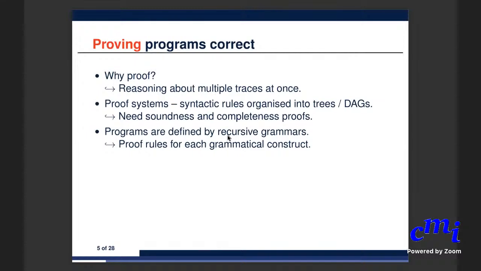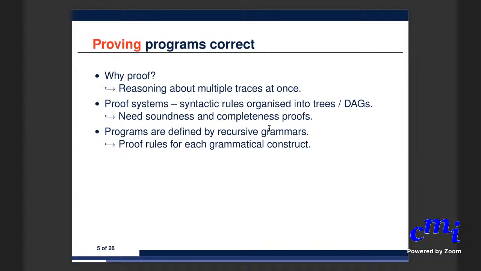So why proof? One way is to enumerate each trace that belongs to the behavior of a program and then check them. Instead, when you construct a proof, you can reason about multiple traces at once. That's the advantage. In order to do proofs, we have to construct a proof system, which means a set of inference rules, a deduction system.